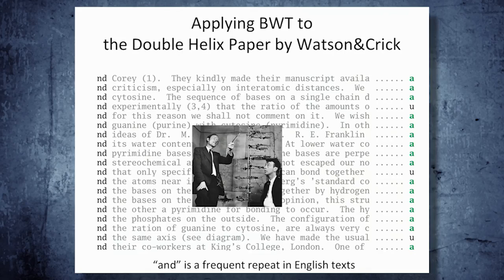Why are there many runs of A? Well, one of the most common words in English is "and." And every time you have "and" in the text, it is likely to contribute to a run of A in the Burrows-Wheeler Transform, as you see in this example.